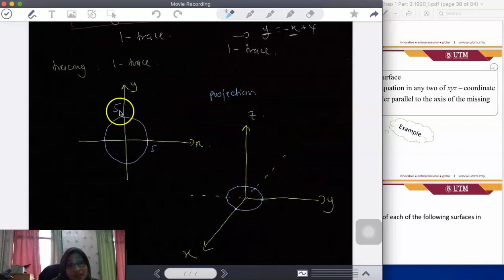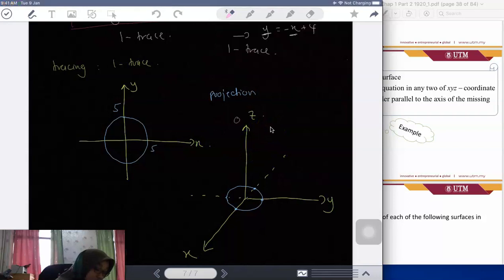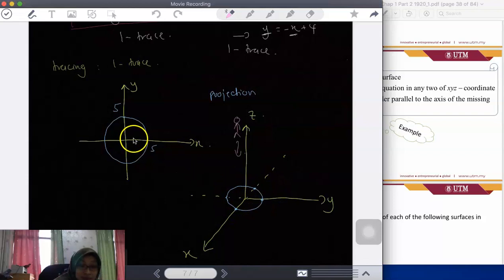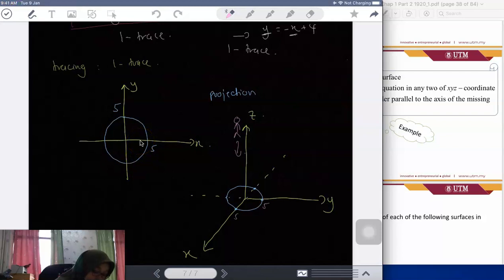I'm saying that if there is no Z, as I shared with you in the previous video, here you have to ask yourself which variable is missing. So we can see that Z is missing, meaning that you are looking from Z. So now here, where are you? You are over here and you're looking downward, and you can see this blue line over here on Y-axis where the radius of the circle is 5. This is 5 and this is -5.